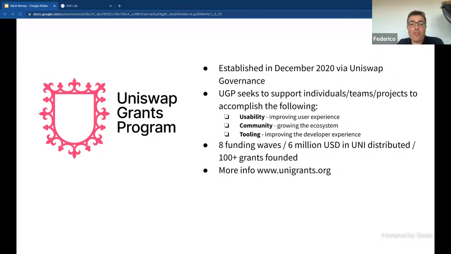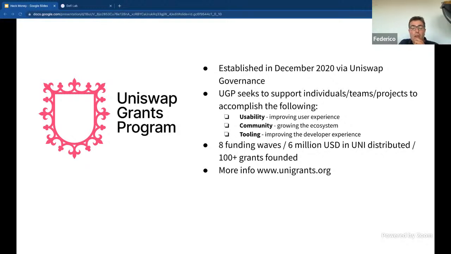Particular attention goes to initiatives that are open source and that can be considered public goods. Initiatives that have a high impact for the ecosystem, but might not be realized if they are not funded by the grants program. In little over 15 months, UGP funded around 100 initiatives for a total of around $6 million.